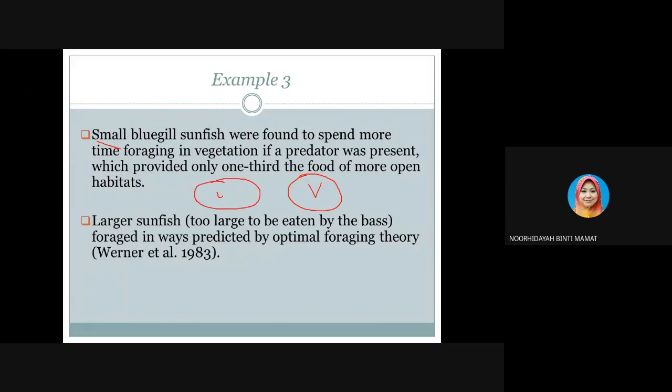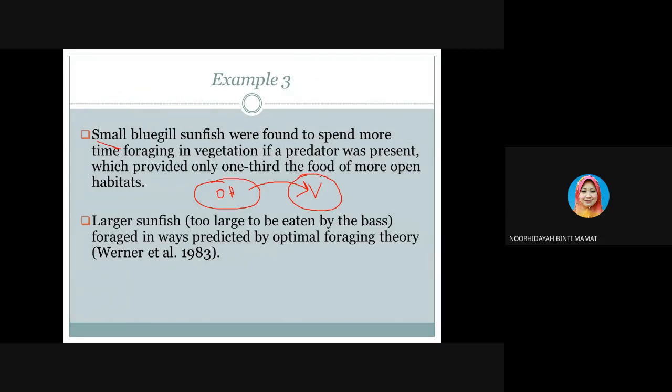So this is the open habitat. In the open habitat they have abundant food, abundant energy they can find here. But if there is a presence of the predator, they will move to the vegetation habitat, even though the vegetation habitat only has 1/3 of the food compared to this habitat.